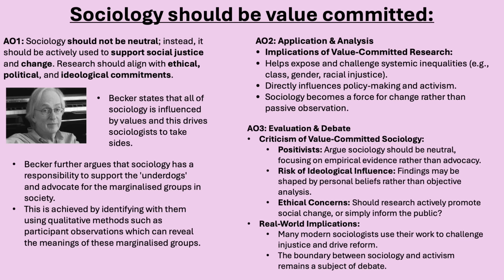Real-world implications: many modern sociologists use their work to challenge injustice and drive reform. The boundary between sociology and activism remains a subject of debate. So again, it's the idea of, okay, we need to include our opinions because it's helpful, it can help drive social change. But at what point are we becoming biased?